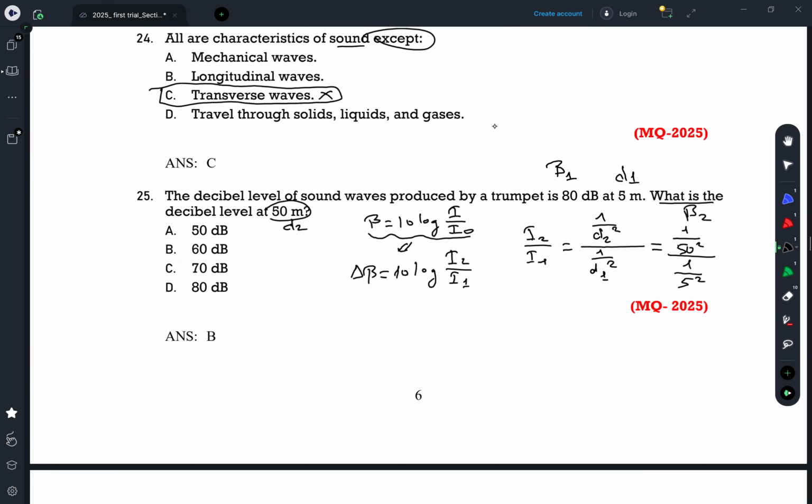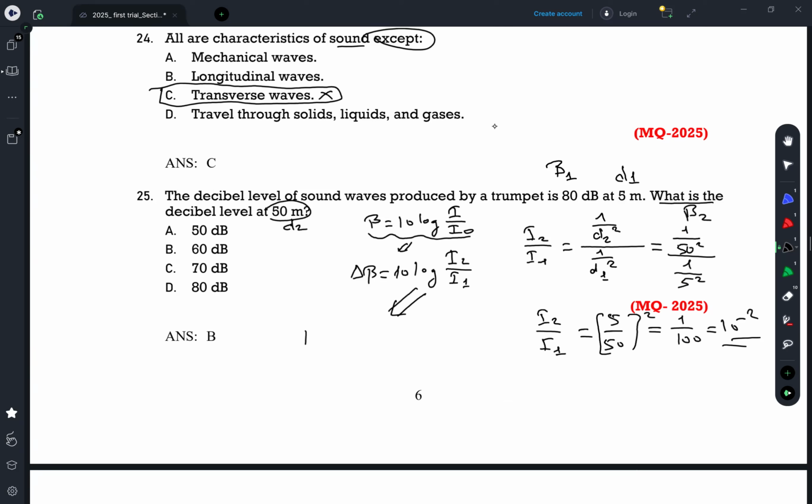So it's 5 squared over 50 squared. 5 over 50 is 1 over 10, squared is 1 over 100, which is 10 to the power negative 2. Now I can write I2 over I1 as 10 to the power negative 2.